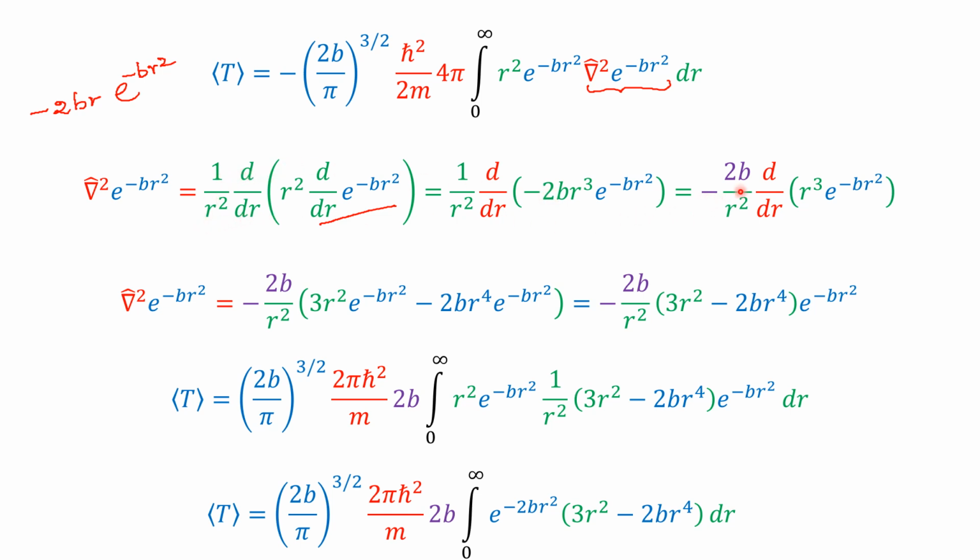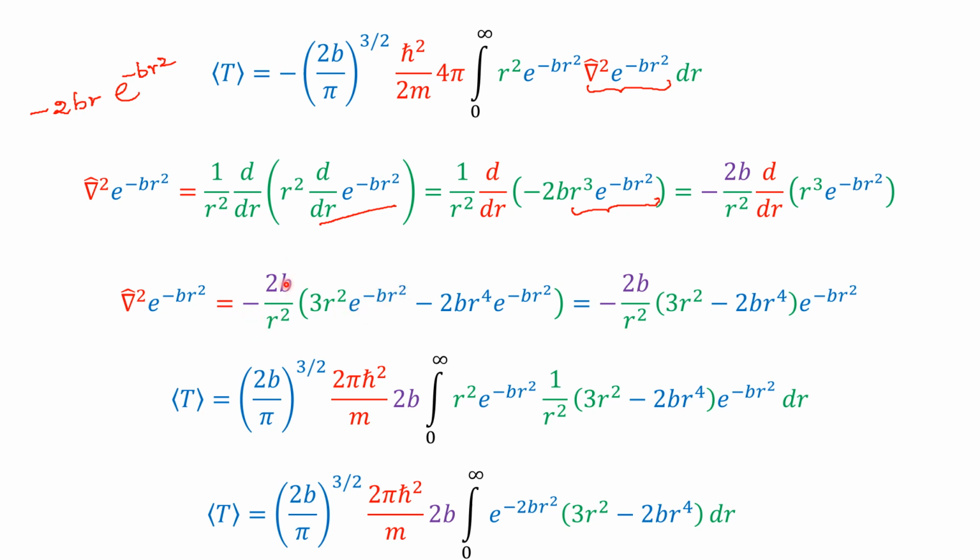This will become minus 2p over r squared, and d by d r of this one, r cube e power minus p r squared, because we have taken minus 2p outside. You have to differentiate these two terms. First, you differentiate r cube and keep the exponential term as it is. If you differentiate r cube, you will get 3r squared, and you keep the exponential term as it is.